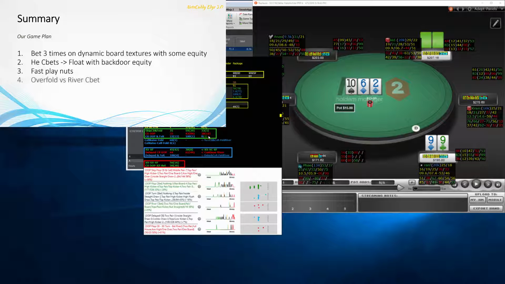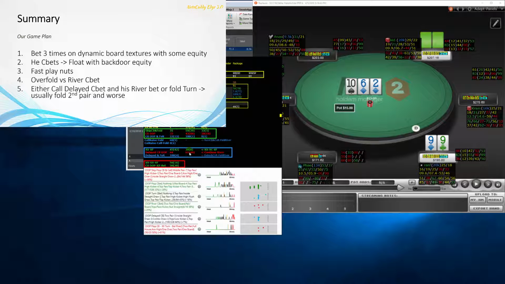We overfold versus reverse c-bet, because if his c-bet is low, there's not a lot of room to bluff. So simply because of that. Also, we should decide on the turn whether we want to call his delayed c-bet and river bet, because if he bets the turn, if he delayed c-bets, he also bets the river very frequently.